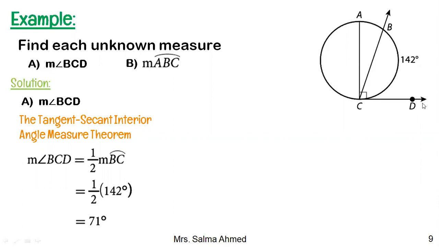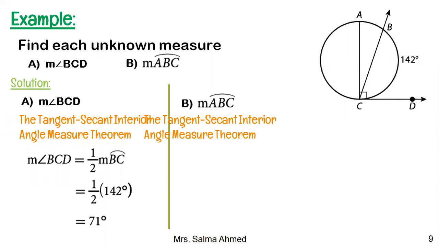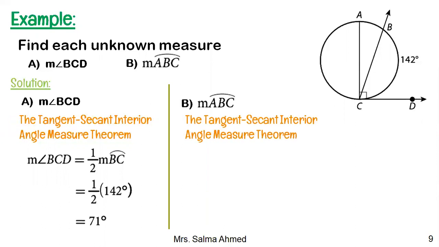Now I need to find the arc ABC. To find this arc, I can use the measure of angle ACD. By using the same theorem, since this is a chord and this is a tangent, I can find this angle, but it's given, which is 90.